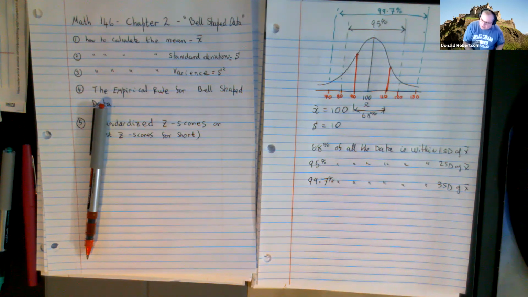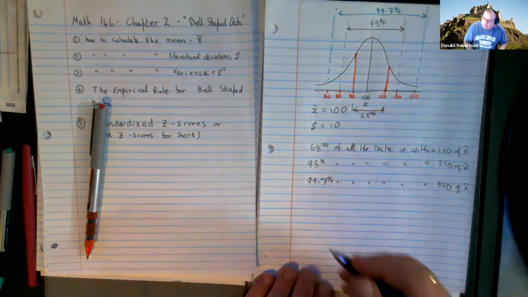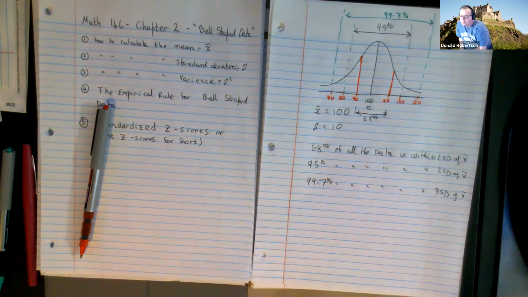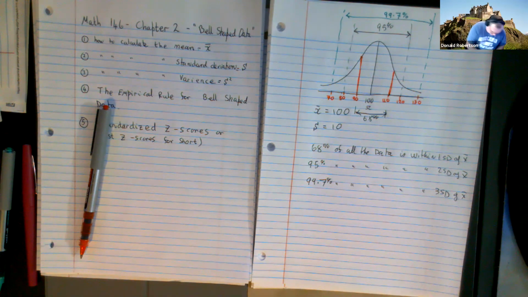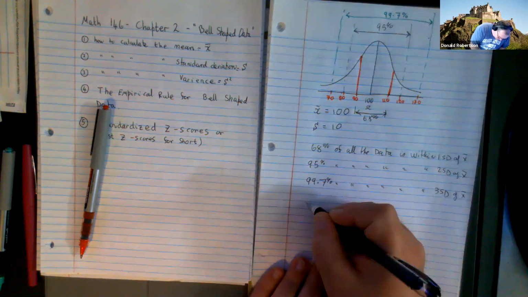Kind of interesting. Now, remember outliers? Remember we talked a little bit about outliers? And there's a test for outliers that uses the interquartile range. There is a test for outliers that uses standard deviation. And this is it.